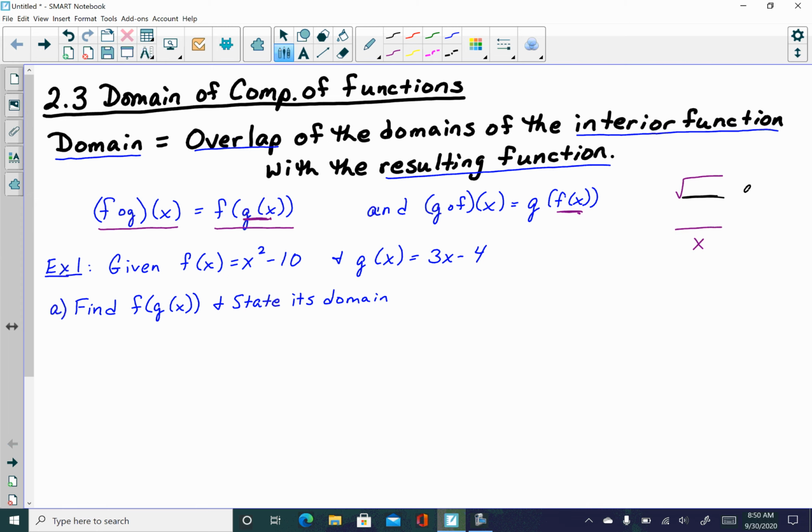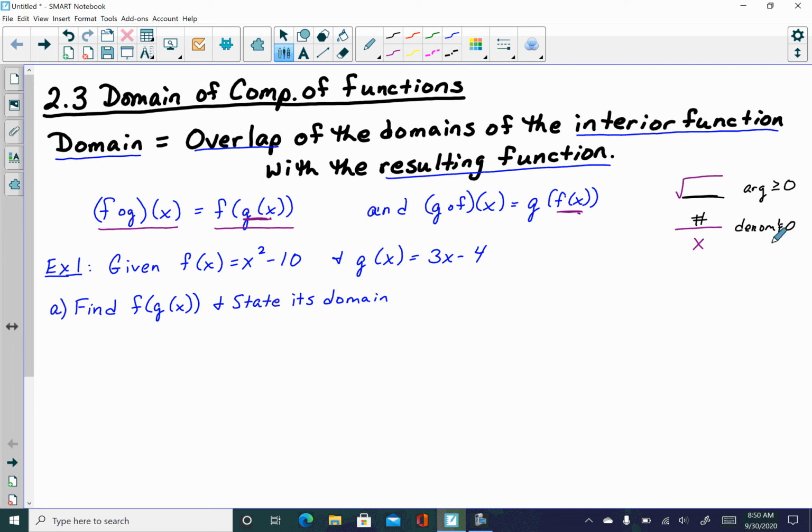So that argument needs to be set greater than or equal to 0, and you solve for x. Likewise, if you have a denominator in your function, then you have a restriction there because the denominator cannot equal 0. So you set your denominator not equal to 0, and you solve for x.